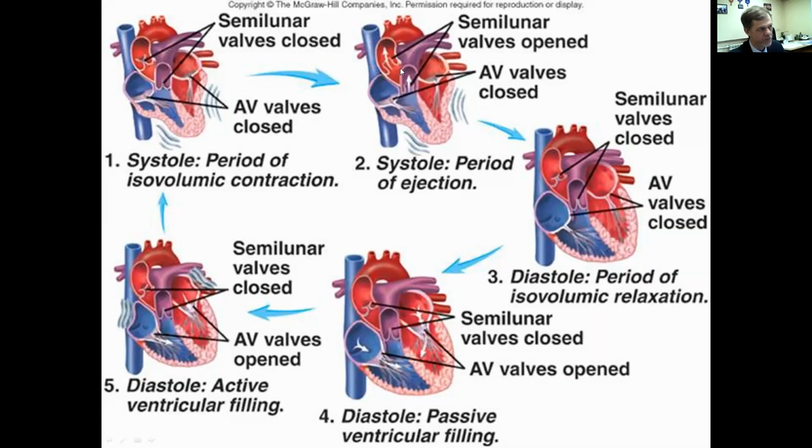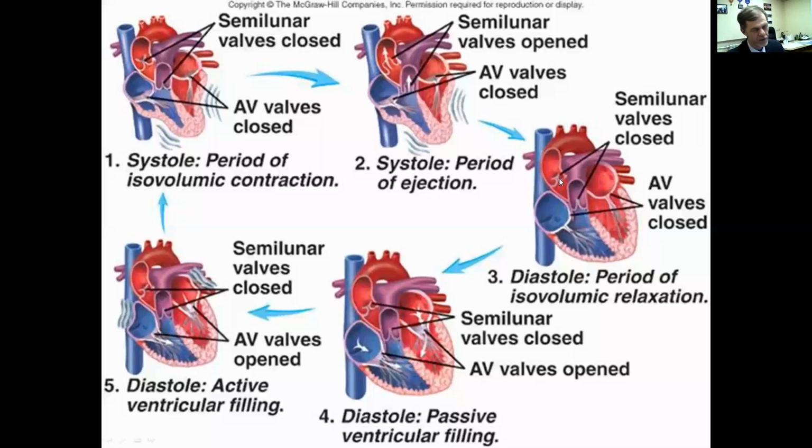Position of valves again: semilunar valves open, AV valves closed. Then we have the beginning of diastole, the period of isovolumic relaxation. Meaning what? Pressure in ventricles decreases because there is no contraction, and the pressure which was created in aorta and pulmonary trunk, diastolic pressure, forces blood to return because pressure in aorta and pulmonary trunk is now higher than pressure in the left or right ventricle.